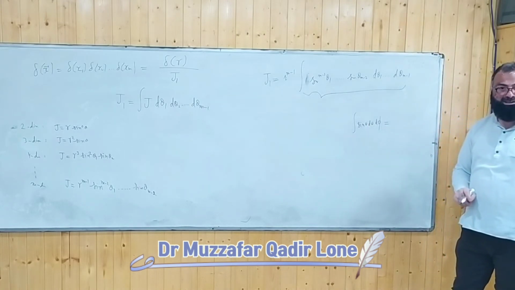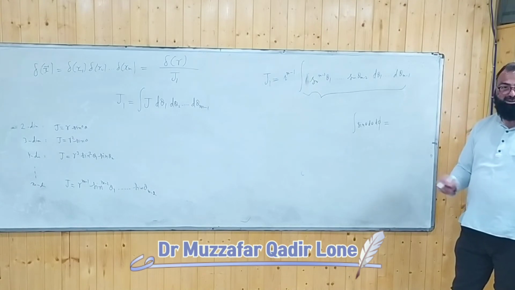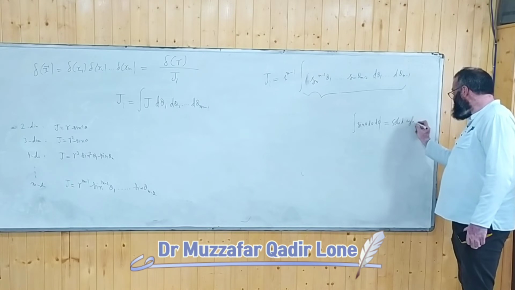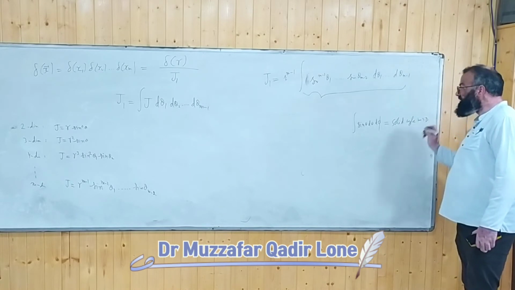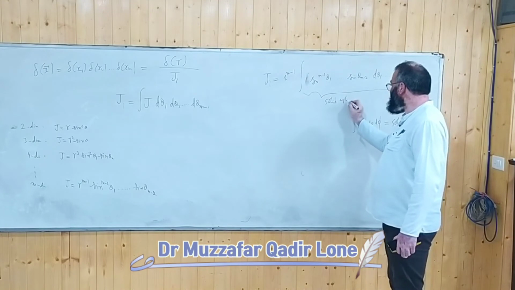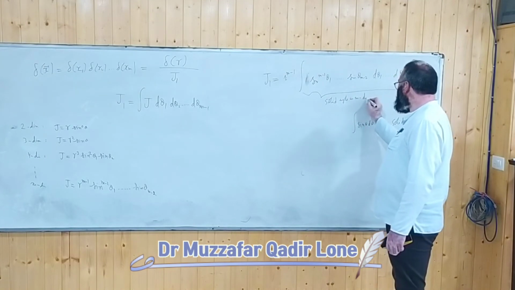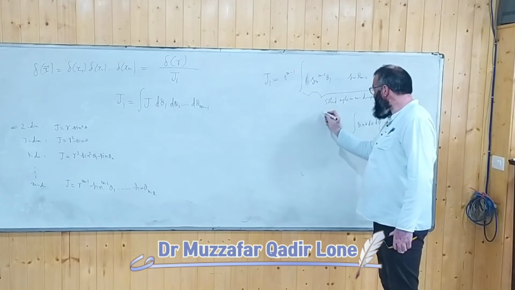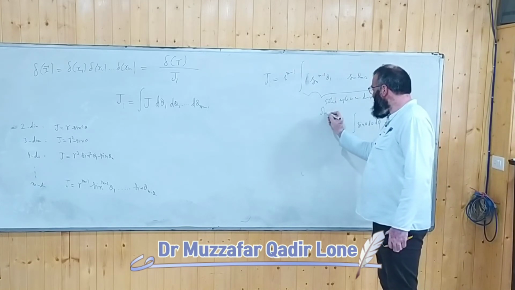It gives me simply the solid angle, is it? Solid angle for 3 dimensions, okay? So this is the solid angle in 3D. So this is actually the solid angle in m dimensions. Okay? So let's write that as omega m.